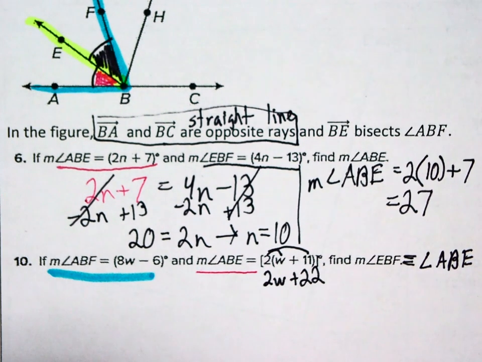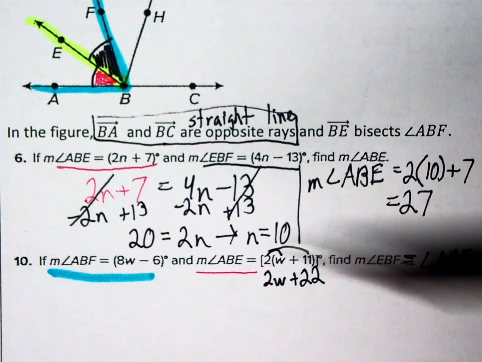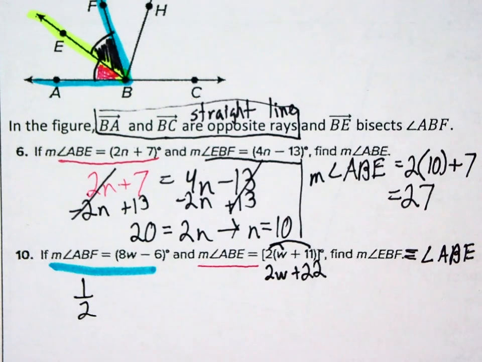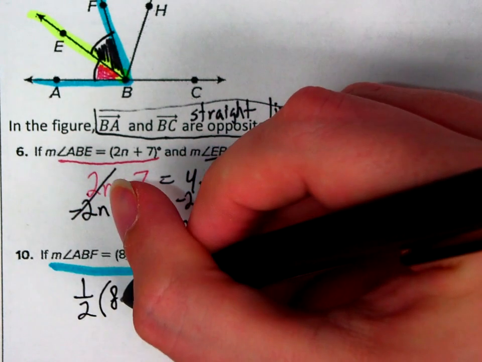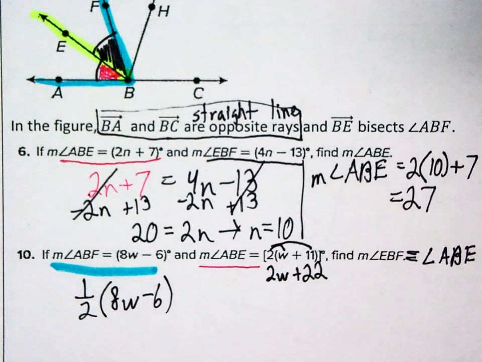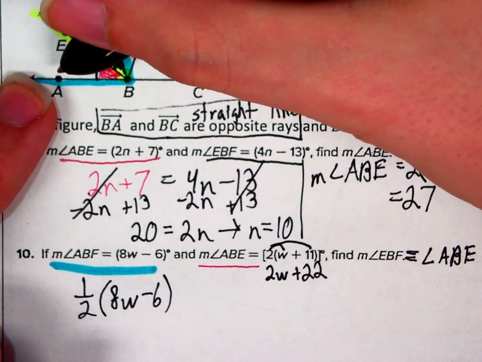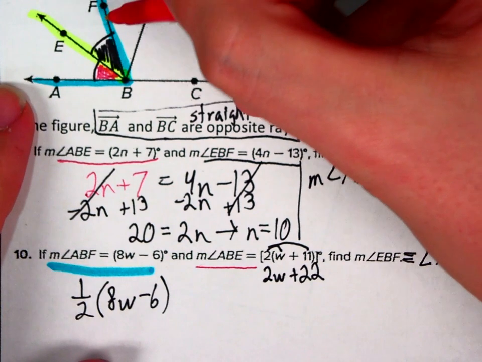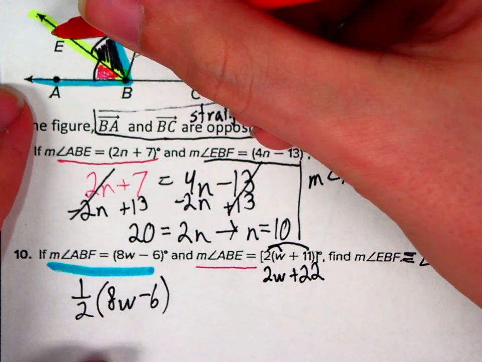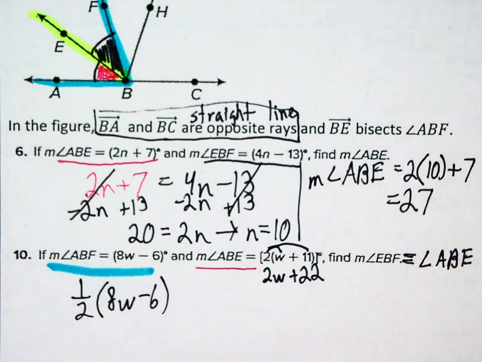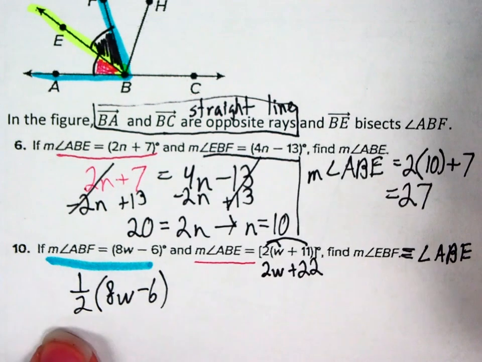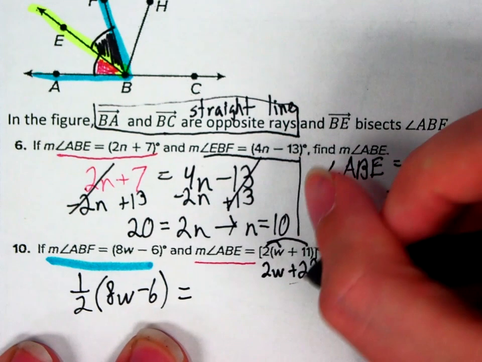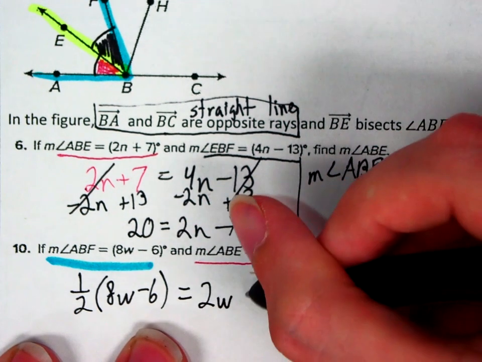So if we talk about finding half of our blue angle, half of 8w minus 6, half of this blue angle should be the red angle. Half of ABF should be ABE. 1/2 of 8w minus 6 should equal our 2w plus 22.